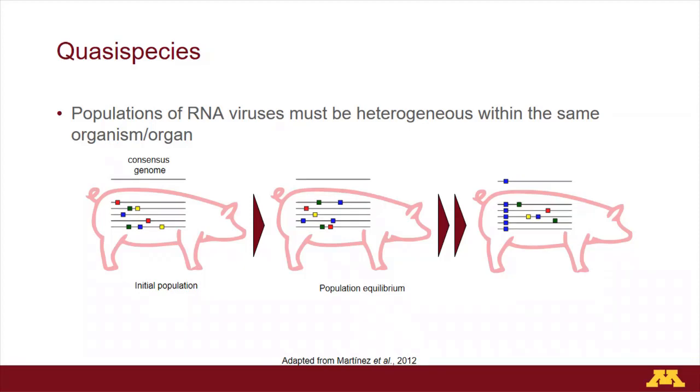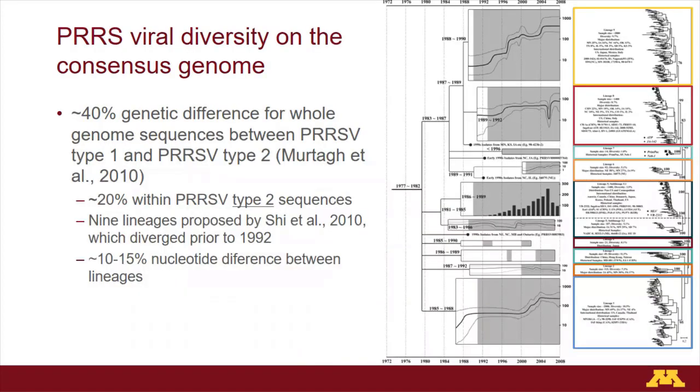As we see here in the picture, if the mutations are random and the population is in equilibrium, we wouldn't see a change in the consensus genome. However, if something happens and a mutation becomes more prevalent, then we would see a change in the consensus genome.